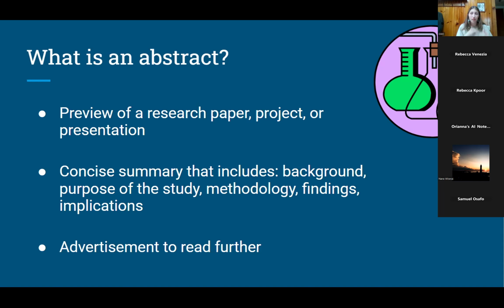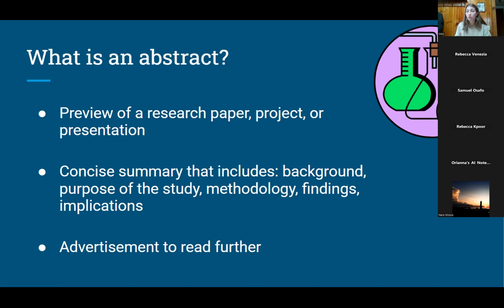It also provides the major aha moments, the conclusions from your study, and then usually ends with the larger implication and what this means for the field in general. So an abstract really is a preview of what the research paper or the project is going to be about. If you're working on proposals, that's a good thing for the reviewers to look at first, or presentations. So it's really kind of an advertisement to read further.